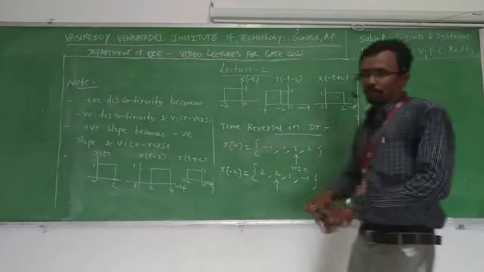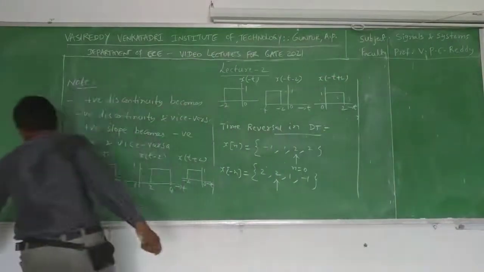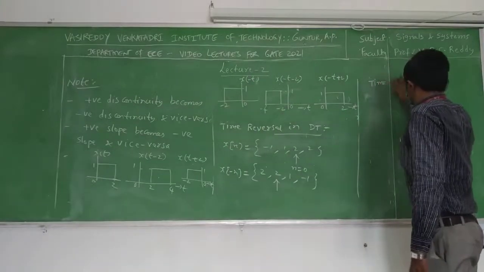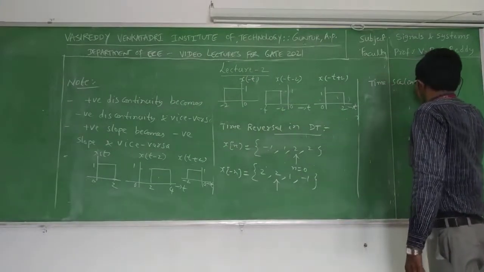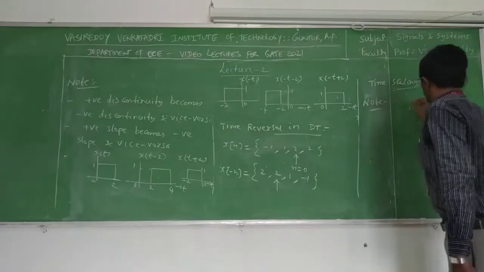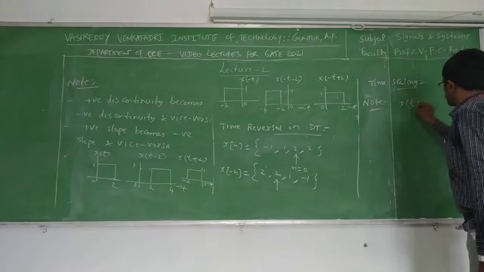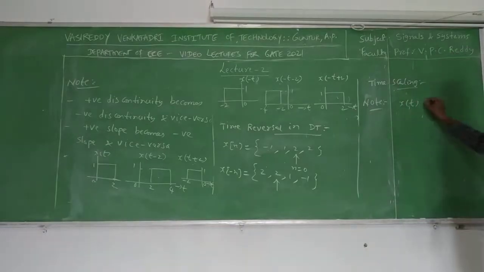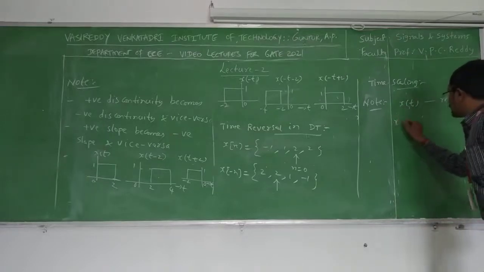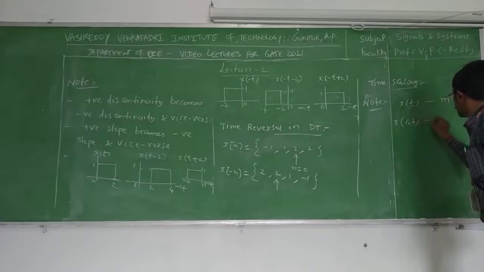And we will make one more point, that belongs to time scaling. So note point, I forgot to mention. If x of t has some slope m, okay, so x of t has some line with slope m, then what about x of at?